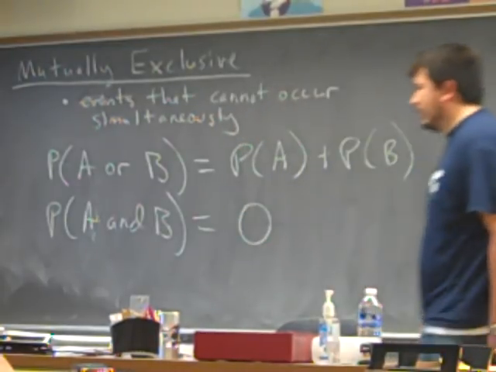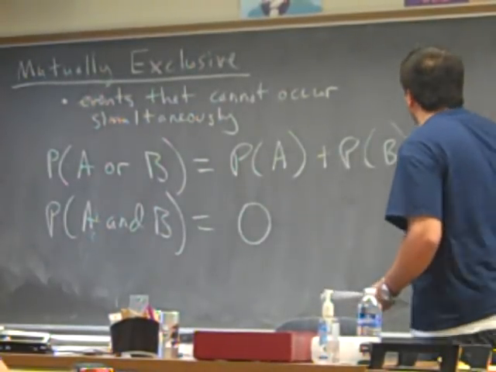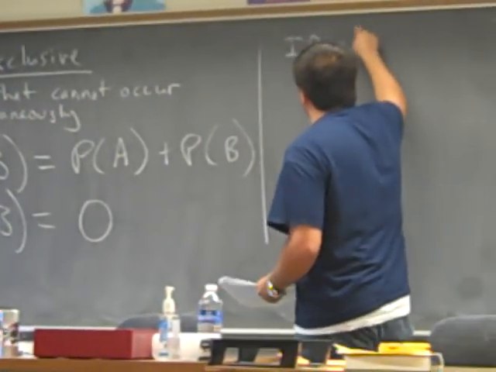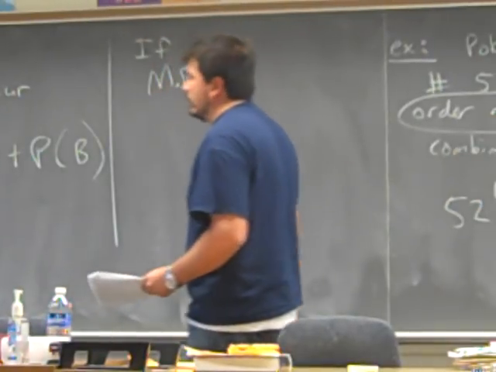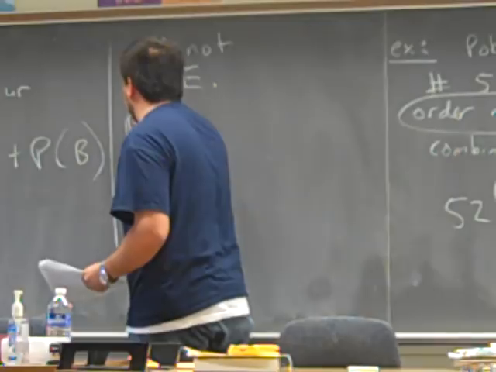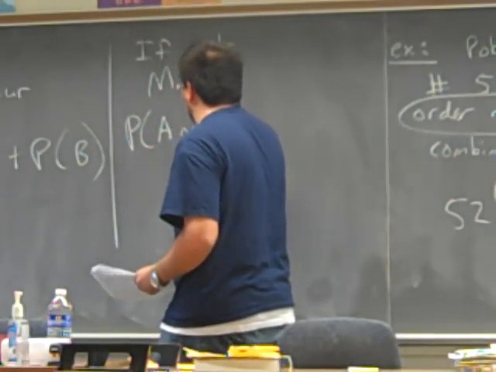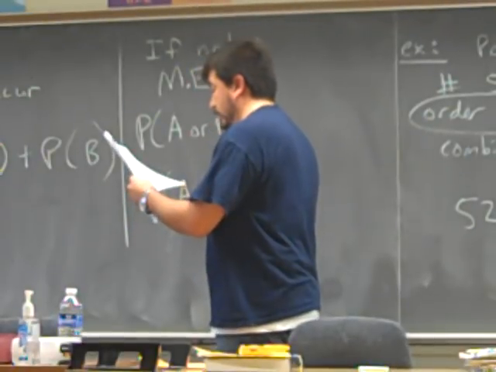Very good. Now, if not mutually exclusive, then we have the probability of A or B and the probability of A and B.